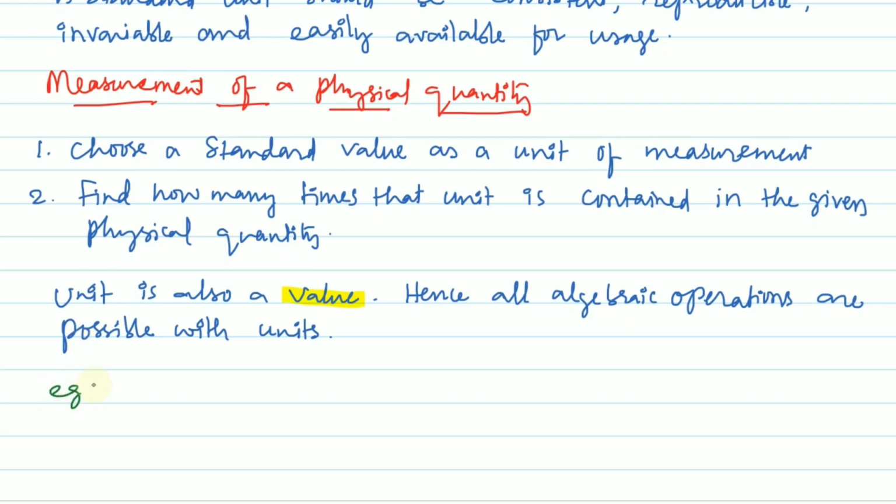Example. Let's take the first example as centimeter into centimeter. What can we write this as? Centimeter square. And the second one is meter square upon meter. We can write this as meter, because meter in the denominator and meter in the numerator get cancelled, and as it is meter square, we get meter.